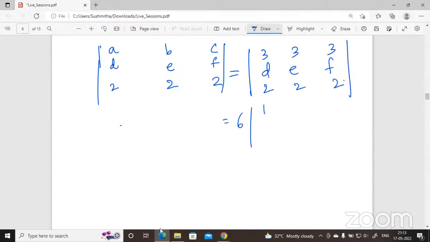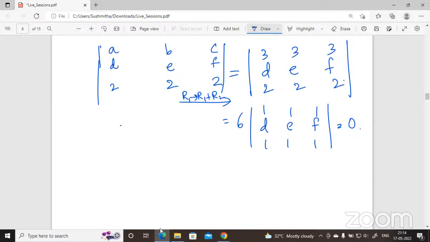So this is going to be 6 times 1, 1, 1, D, E, F, 1, 1, 1. How did we get 3, 3, 3? We did one operation: R1 is R1 plus R2. Okay, got it.